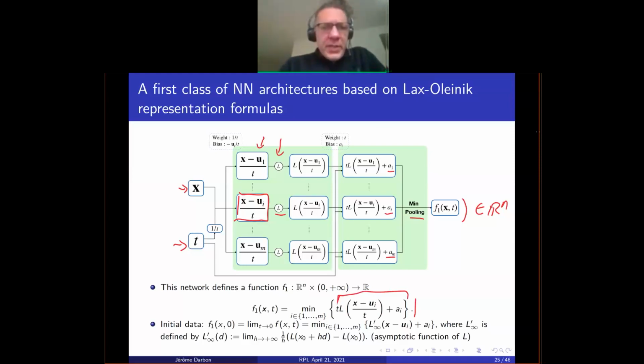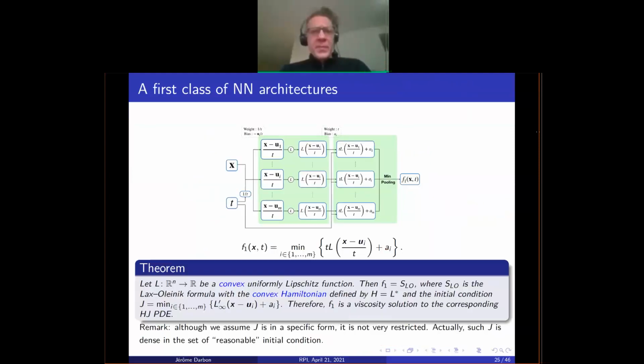And the initial data can be represented as an optimization problem involving what is called, in convex analysis, the asymptotic function. So we know how to represent the initial data using some convex analysis tools about this function when t equals 0.